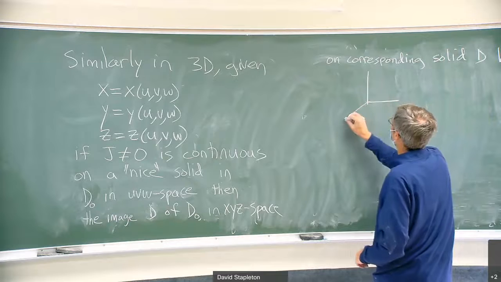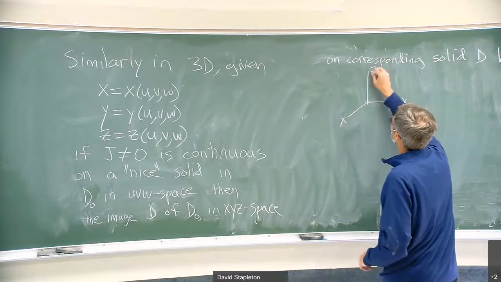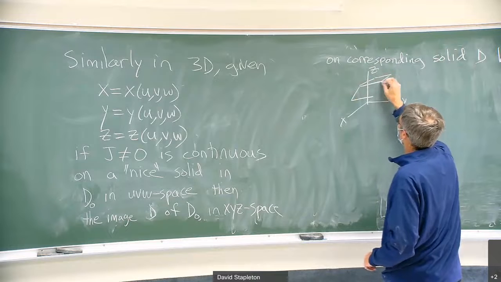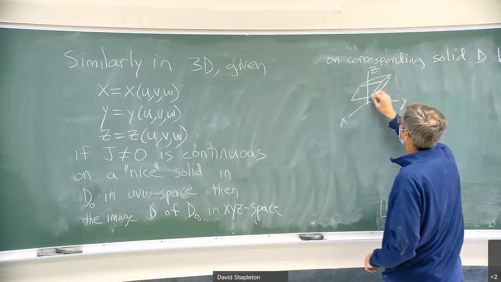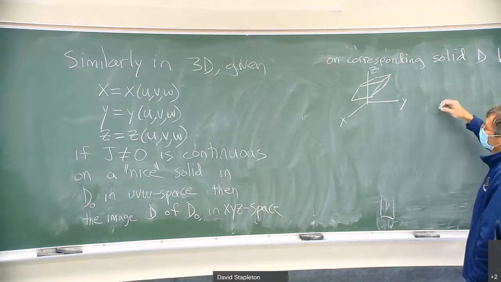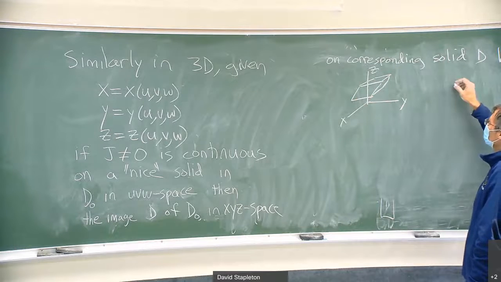So in 3 dimensions, what you're thinking is I'm in XYZ space and maybe I've got some strange region that I don't like to integrate over. It doesn't have to be a parallelogram. It can be anything, a whole lot of solids there.